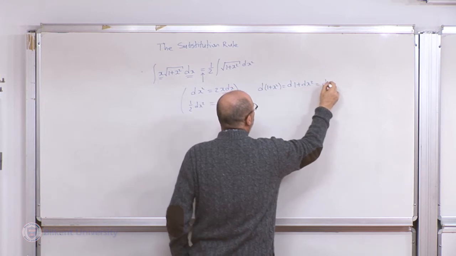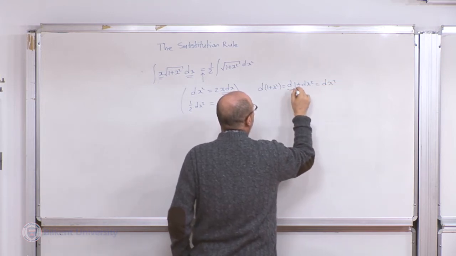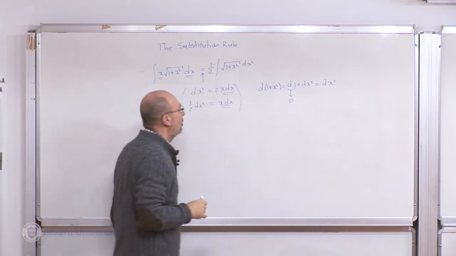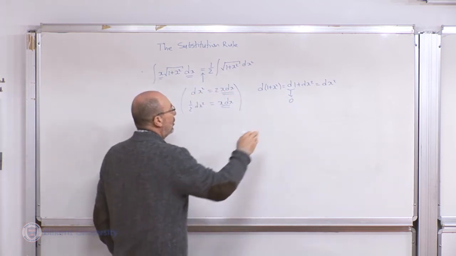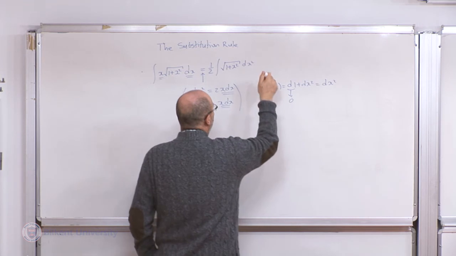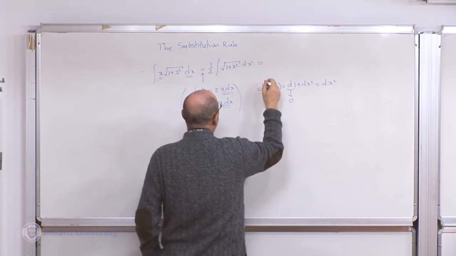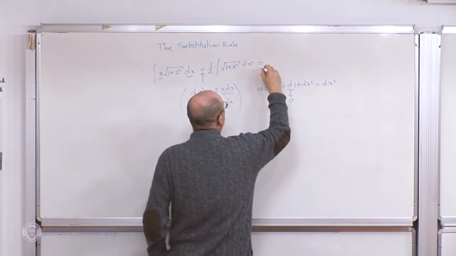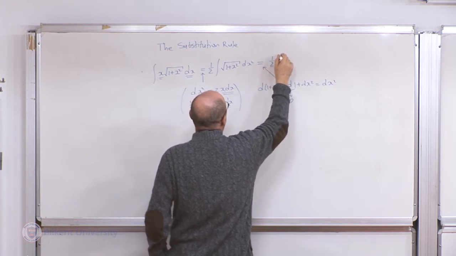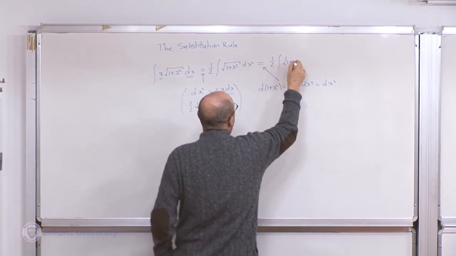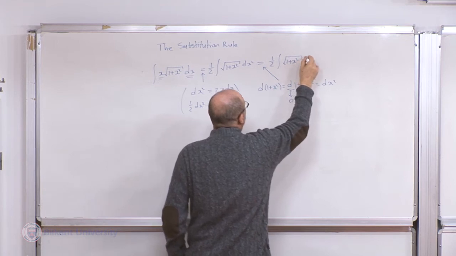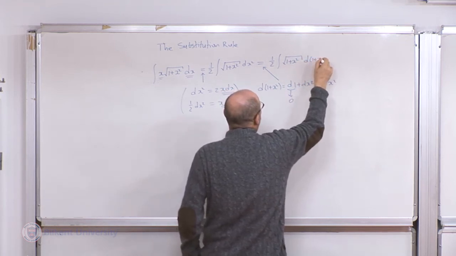So this is differential of x squared. Okay, so differential of a constant is 0. So instead of dx squared, I can also write this. So this part is used here. I have 1 over 2 integral 1 plus x squared d(1 plus x squared).